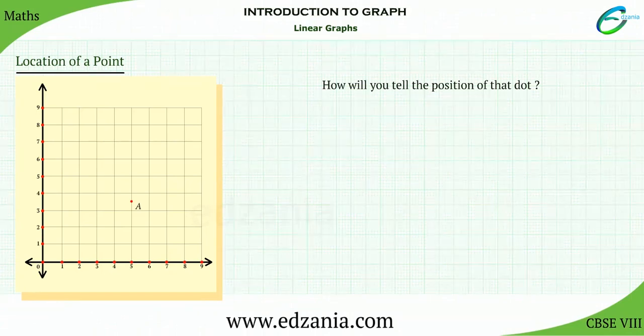We know that the dot is 5 units away from the left edge of the plane, and it is also at 3.5 unit distant from the bottom edge of the plane. Thus, with the horizontal and vertical number lines, we could determine the exact location of the dot.